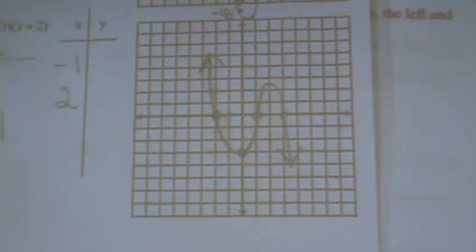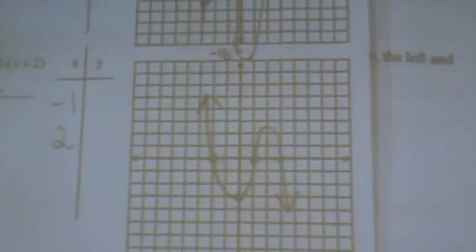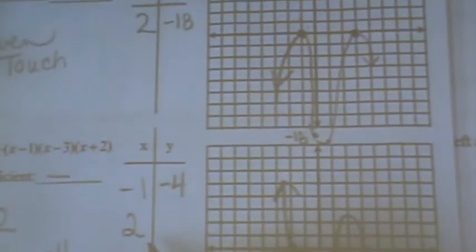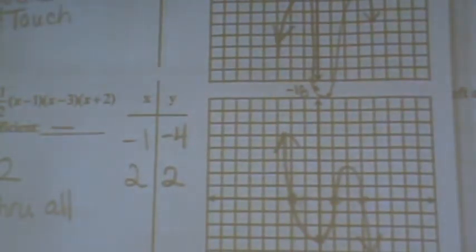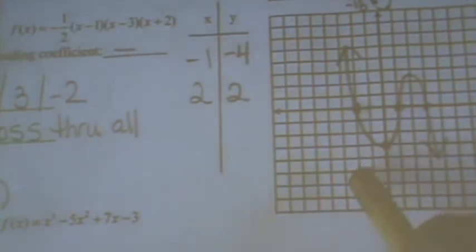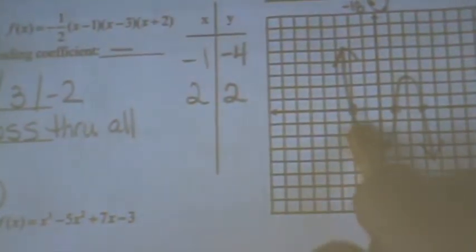Tell me what you get. This is what I got. Tell me if my math was right. Anyone get those two? Okay, so how should I erase? I use a pencil. How should I fix this?